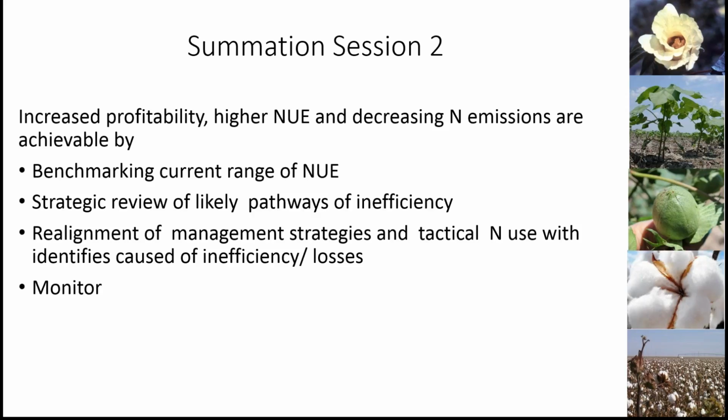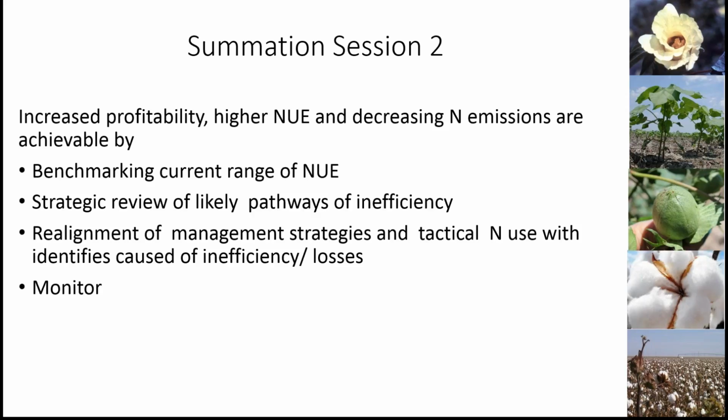The second part is, if you find your efficiencies are down in the 8.6s, 8s, and their consistency is down there for a lot of seasons, you need to look at a strategic review of the pathways of loss.